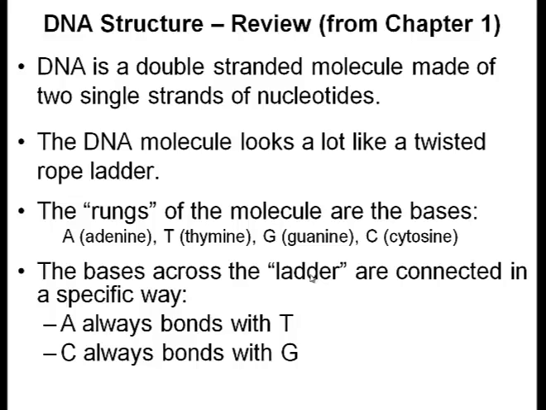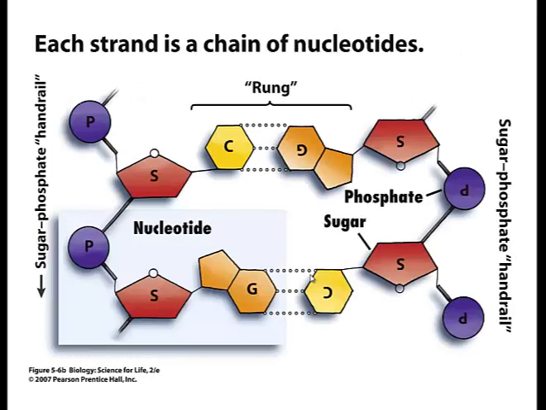So what we see on this slide is that the handrails, the so-called sides of the ladder that we see here and here, are composed of sugar and phosphate groups. So this sugar is bound to this phosphate to this sugar, and so forth. And the same thing is true on the other side. And then the rungs of the ladder consist of the nucleotides that project in towards the center of this particular molecule.